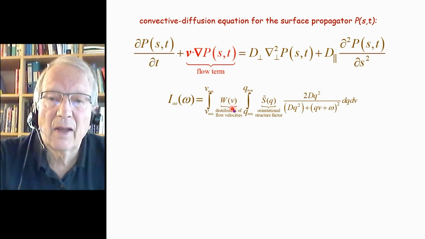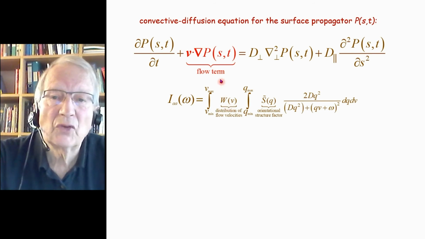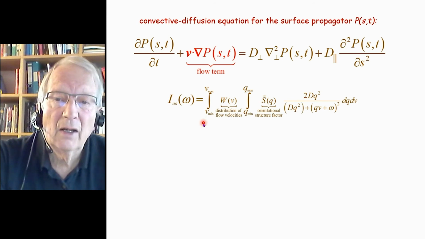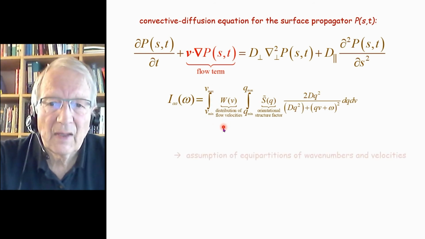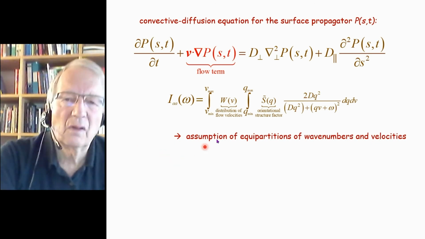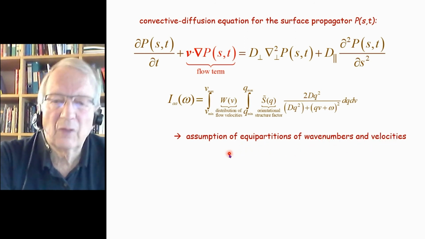And then we have a distribution of the flow velocities. We have to integrate from a minimum to a maximum velocity. As an assumption, we can assume that these distributions are uniform, for the wave numbers and velocities.